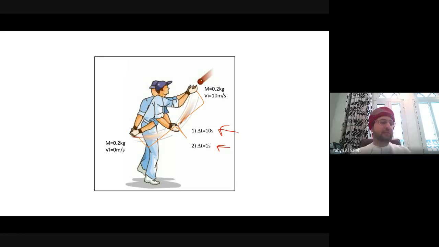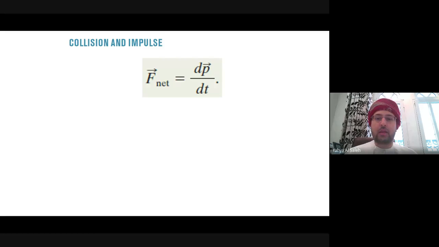What is the difference between the two? If you watch sports where catching is important, something like baseball, like cricket, they usually hold it and bring it back slowly.